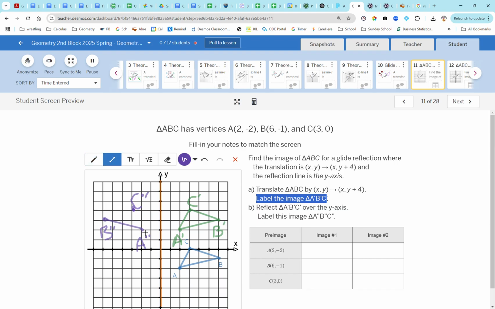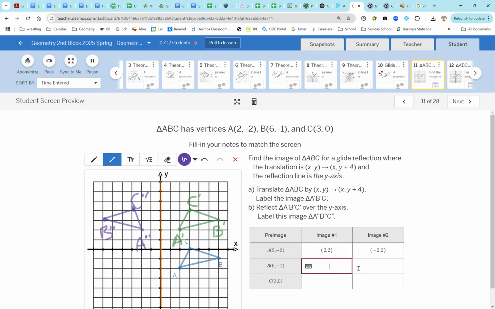And there we have it. A glide reflection. Image 1, you'll see, went from 2, -2 up here to 2, 2. After that got reflected, A double prime ends up at -2, 2.